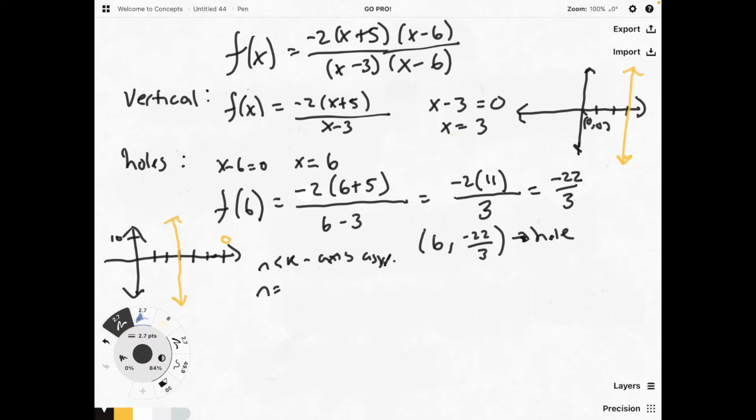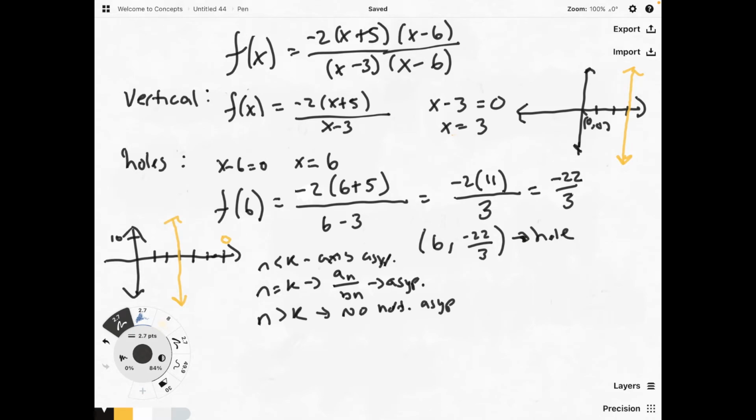If n is equal to k, then we know that the leading coefficient of the numerator divided by the leading coefficient of the denominator will be our horizontal asymptote. So we have a to the n divided by b to the n, and that's going to be our asymptote. And lastly, if we have n which is greater than k, there is no horizontal asymptote.